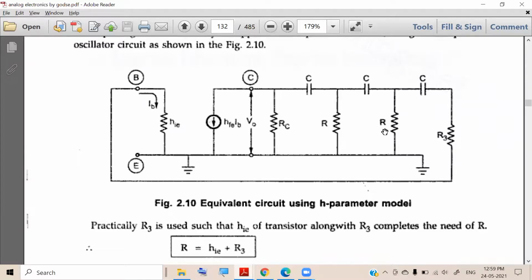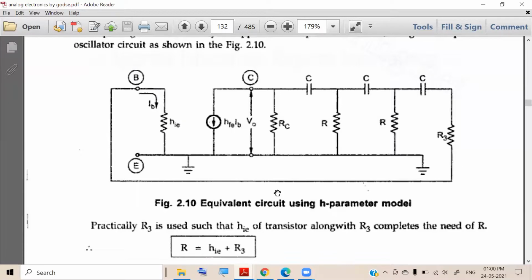Is it clear? Any doubts so far, students? Please answer. Why are we taking R3? Actually, we should take CR, CR, again CR.